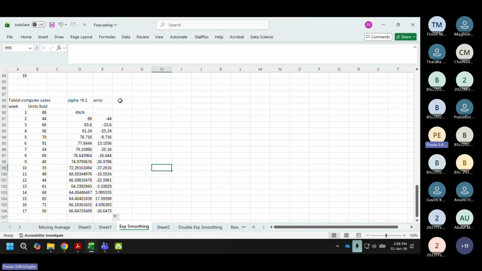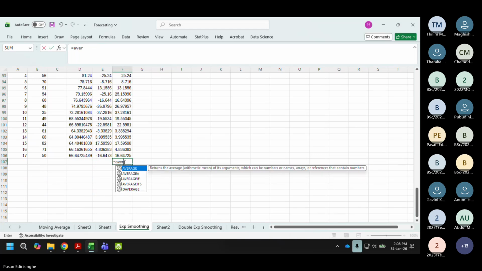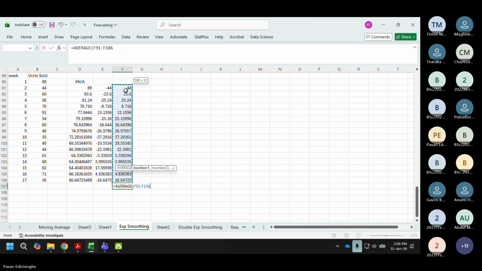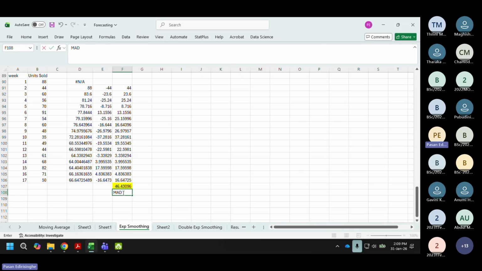So we have the error measurement here, and then I can calculate the absolute error, and then take the average. So that is the mean absolute deviation.